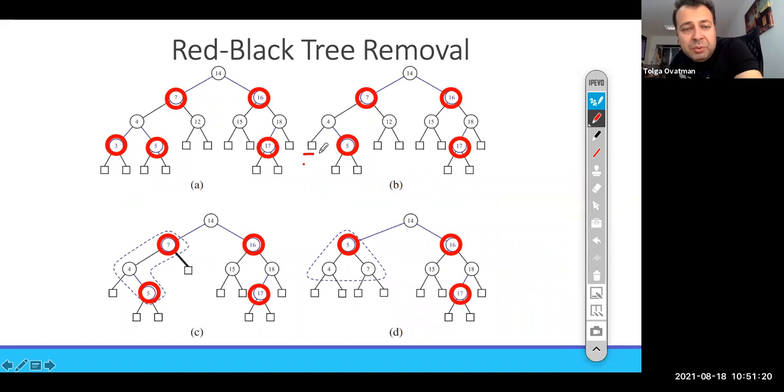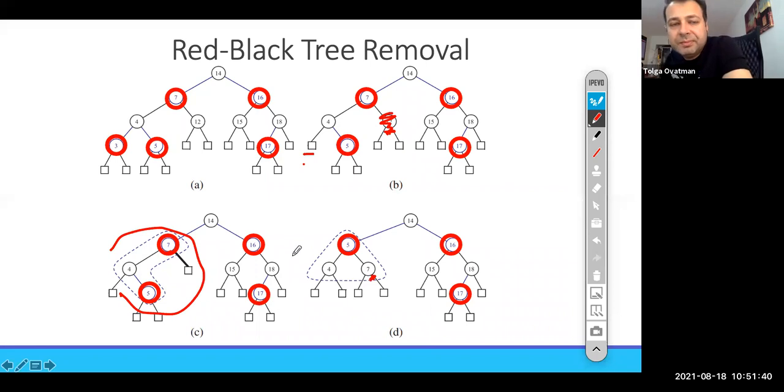If I remove something else, for instance 12, then 1 black node is going away, which means I need to restructure this point. How I restructure it is I rotate it once and make the 7 a black node. I might not just add this towards here as a black, because it violates the binary search tree property.